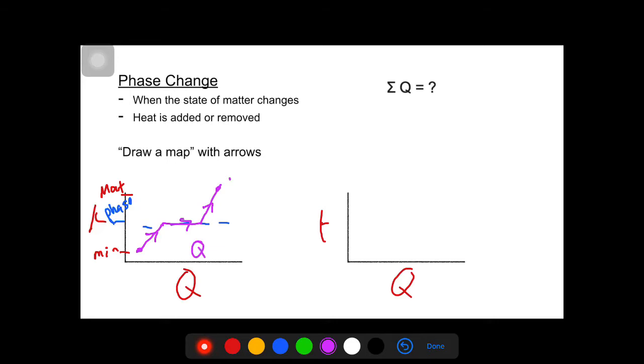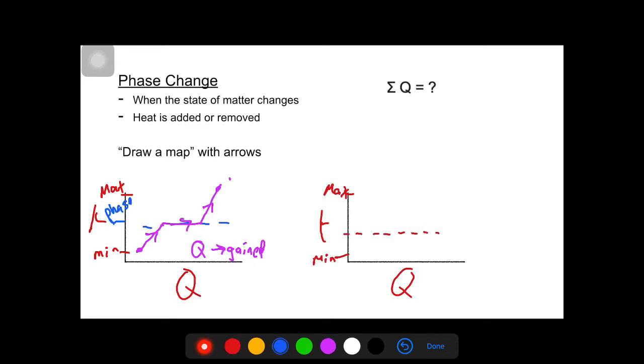This is where Q was gained. And the reason we know it was gained is because it went up into the right. So same thing here. We have our maximum temp, our minimum temp, and a phase change that occurs along the way.